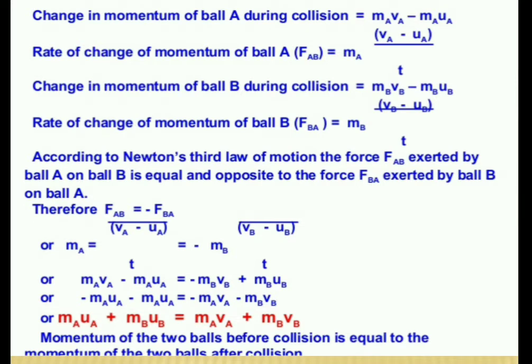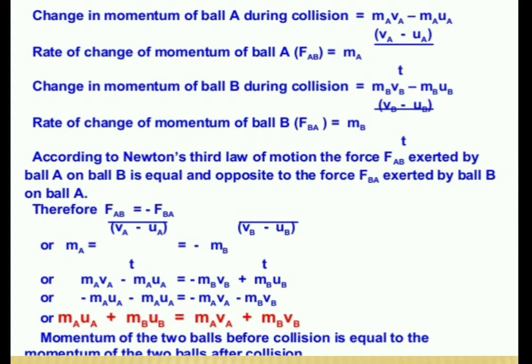In the above equation we found that FAB is equal to MA in the bracket VA minus UA divided by T. We also found FBA, that is MB in the bracket VB minus UB divided by T. So now you can put the values: MA multiplied by the bracket VA minus UA, and minus MB multiplied by VB minus UB.